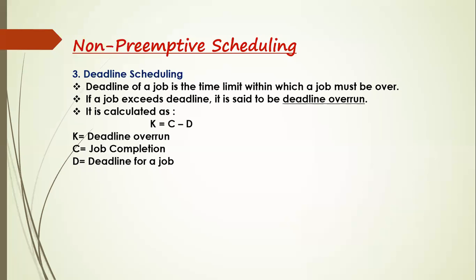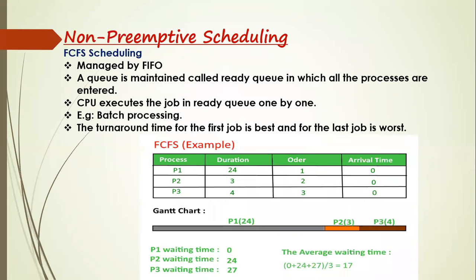For example, P1 requires 24 microseconds for the execution, and if the processor gives 20 microseconds, then P1 has to complete the execution within those 20 only. So that is deadline scheduling.